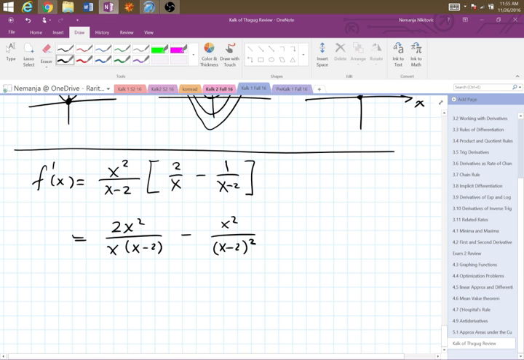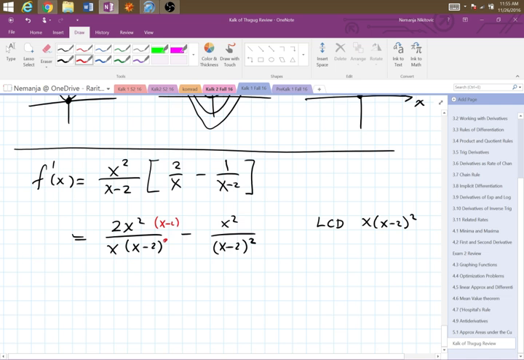And now I need to put this in a single fraction. So the least common denominator is x minus 2 squared. The first one is missing x minus 2, and the second one is missing x to get to the common denominator. So now the common denominator is x minus 2 squared.